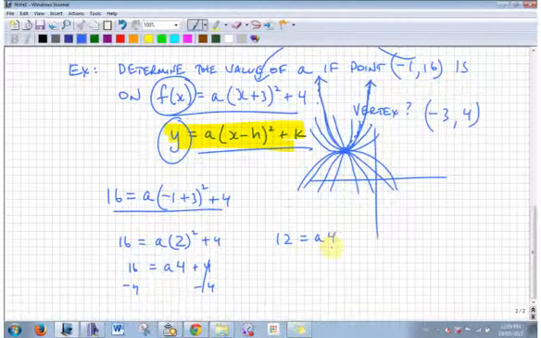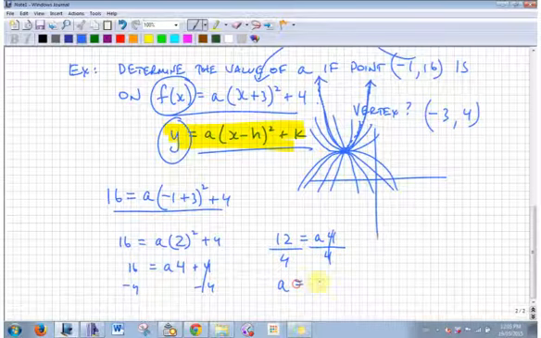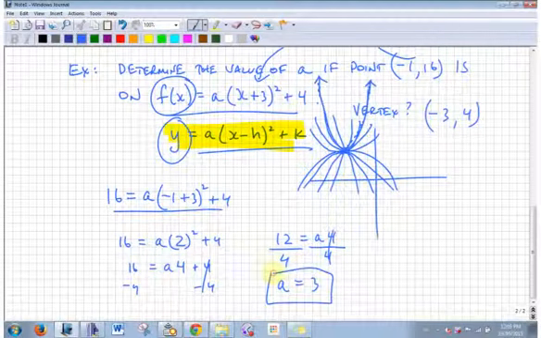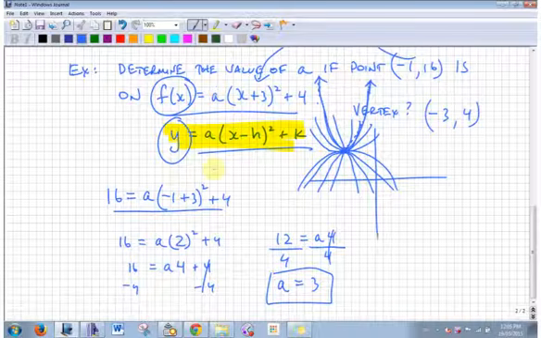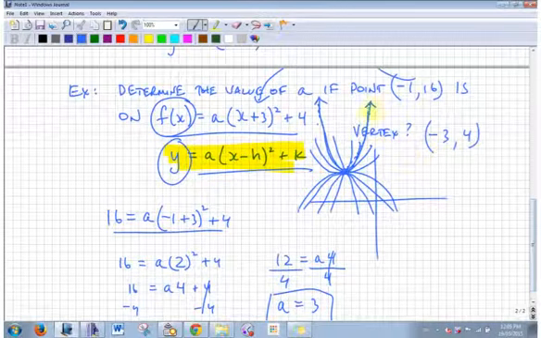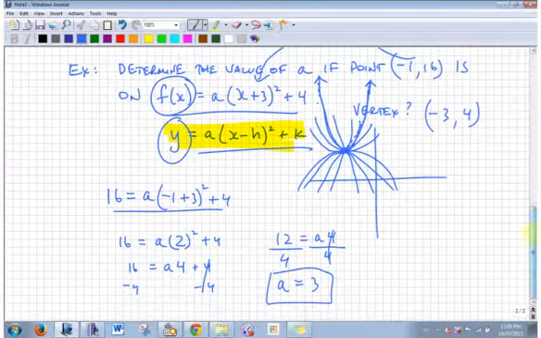I want A, not A times 4. How do I get rid of that 4? Divide it away. The opposite of times is divide. What's A? 3. It didn't say find the new equation, but put 3 there. That's the new equation, a unique parabola that goes through that point.